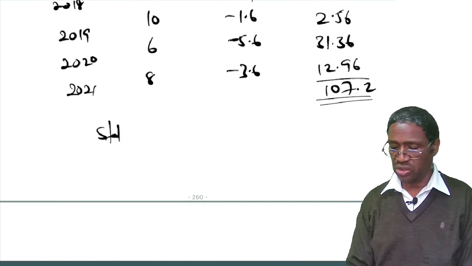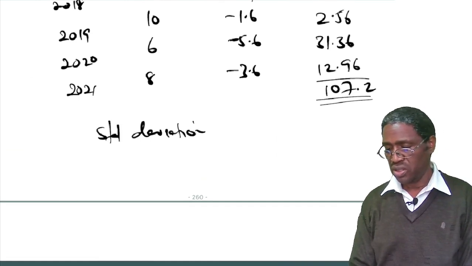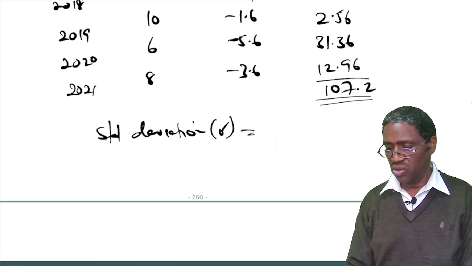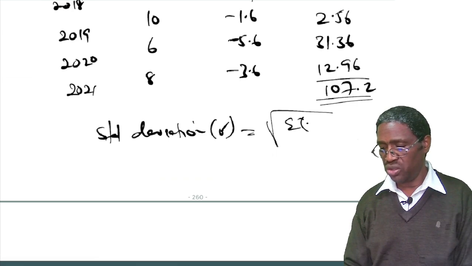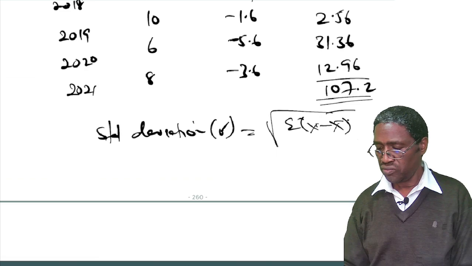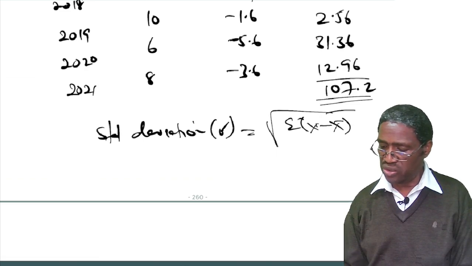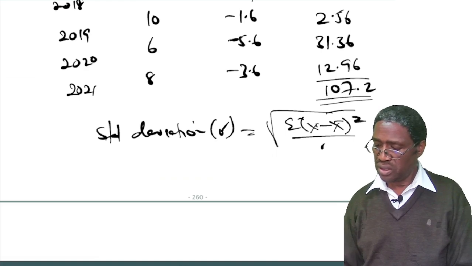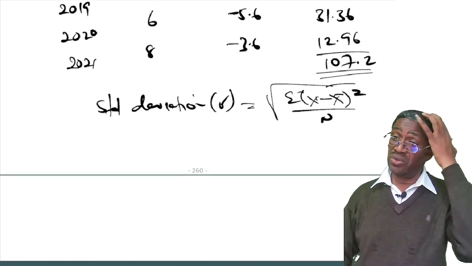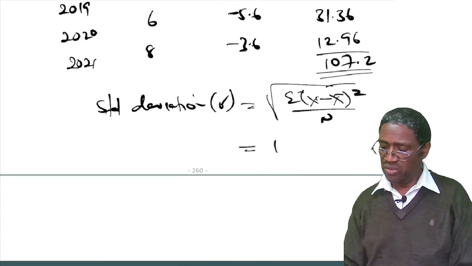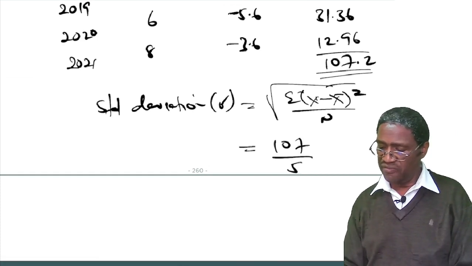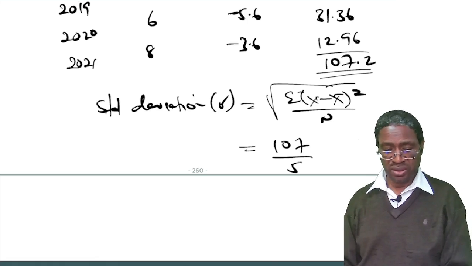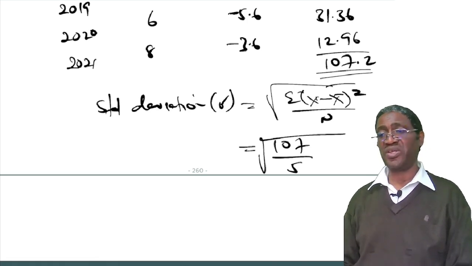Let me just put it in short. Standard deviation, theta, equals the square root of the summation of x minus x bar squared, divided by n. Good. Now we can feed in the data. Our numerator is 107.2 divided by 5, which is the number of years. Then I get the square root of everything.